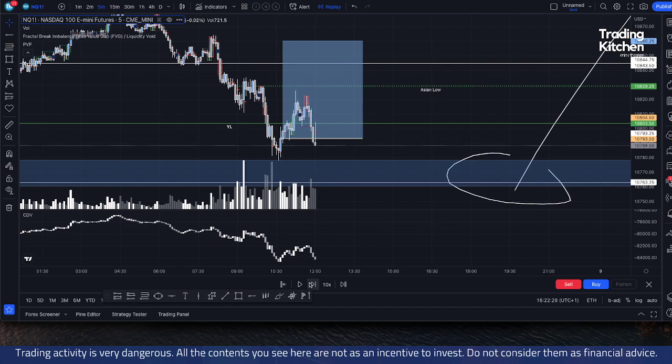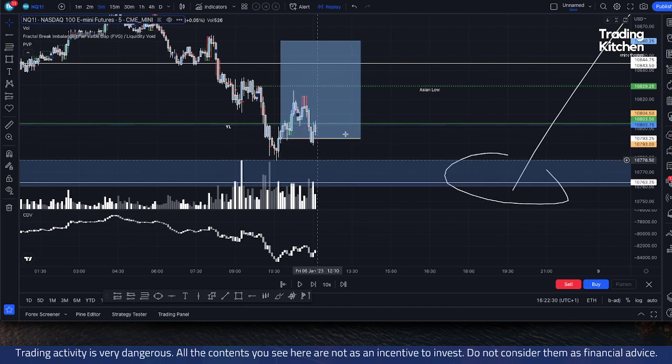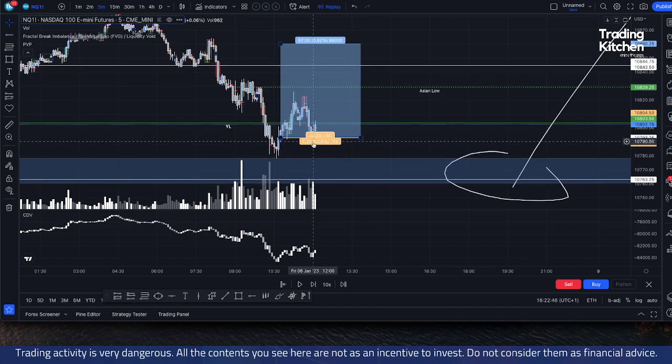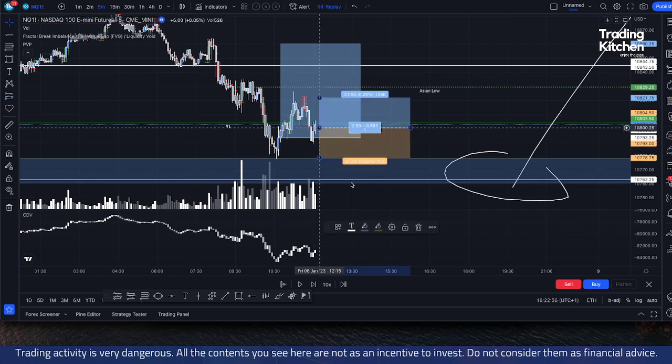Obviously, if the same situation is going to happen again, I re-enter. Like here, we have the POC that is switched, so I enter here again because I also have a confirmation of CVD.